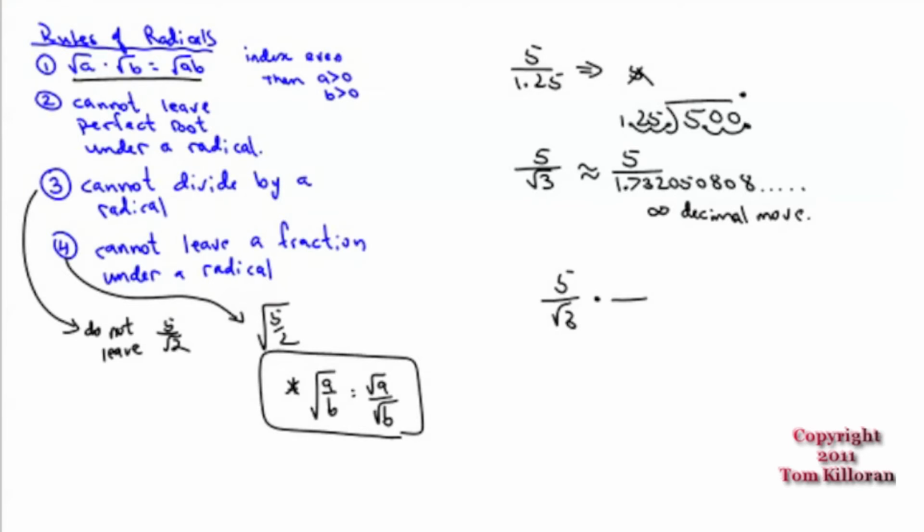Square root of 3. Because remember, square root of 3 times the square root of 3 is just plain old 3. So I'll put a square root of 3 in the bottom, but if I put it in the bottom, I better put it in the top. So when I simplify this, it becomes 5 square roots of 3 over 3. And this is what's called a rational denominator, or rationalizing the denominator.